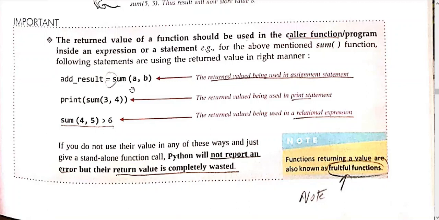Here the return value will be assigned, here the returned value will be printed, here the returned value will be compared. I'm repeating once again: here the returned value will be assigned to the variable, here it will be printed, and here it will be used for comparison in the expression.